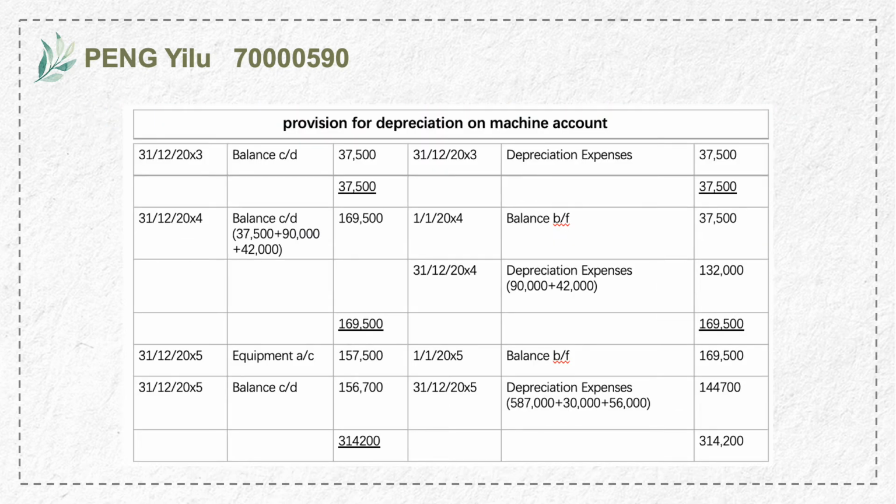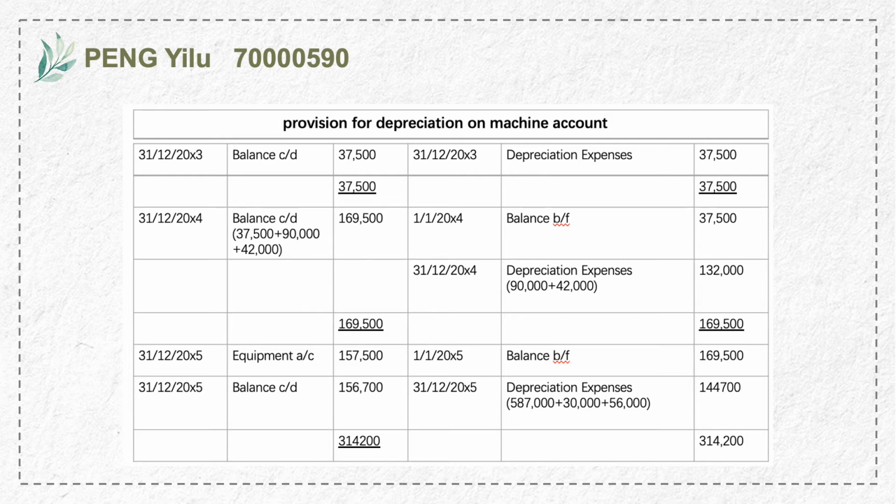This is the provision for depreciation on machine account. First, we need to write down the depreciation expenses of 37,500 on the right. So we also need to write it on the left to balance carry down. On 1st January 2000 X4, we need to write down the 37,500 to balance brought forward.